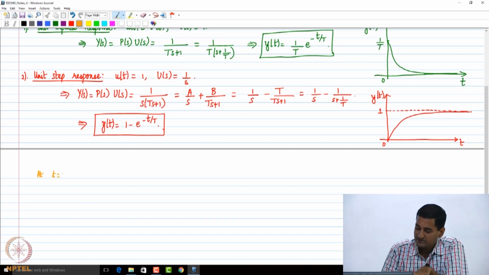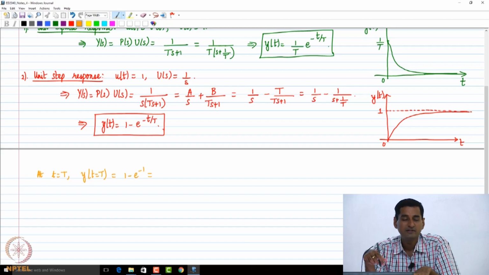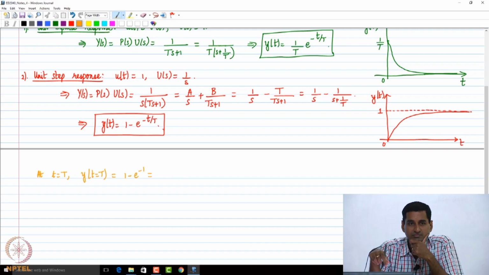Immediately we can observe that at t equals capital T, y of t is going to be equal to 1 minus e power minus 1. And can you calculate and tell me what is 1 minus e power minus 1? Please do the calculation and tell me.